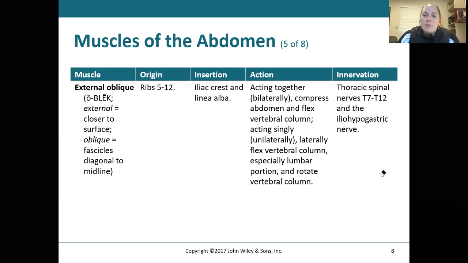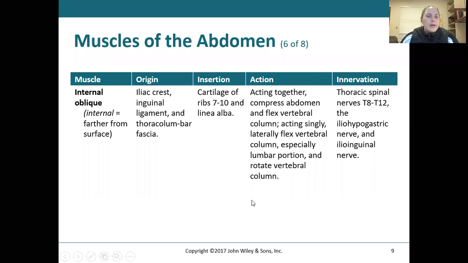They act together to compress the abdomen and flex the vertebral column, and acting singularly or unilaterally, laterally flex the vertebral column, especially the lumbar portion. Again, lower back, getting that motion. And then your innervation is the thoracic spinal nerves T7 through T12, and the iliohypogastric nerve as well. So some fun words there.